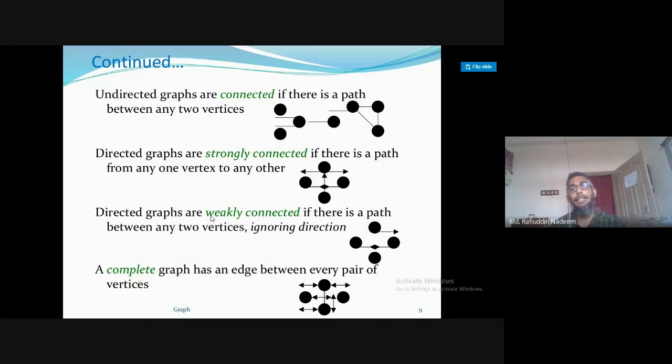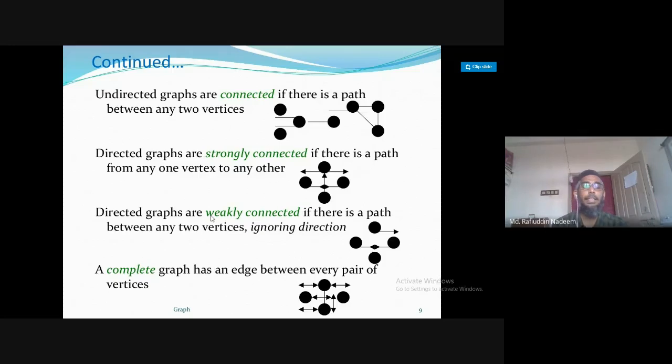Whereas directed graphs are strongly connected. You call a directed graph strongly connected if there exists a path from any one vertex to any other vertex.